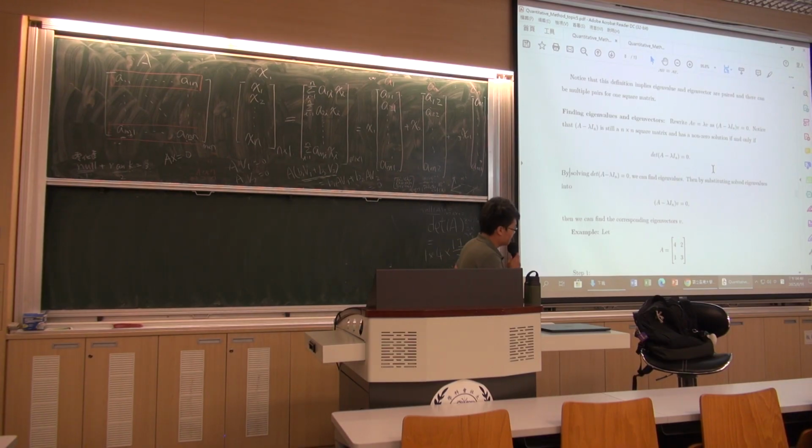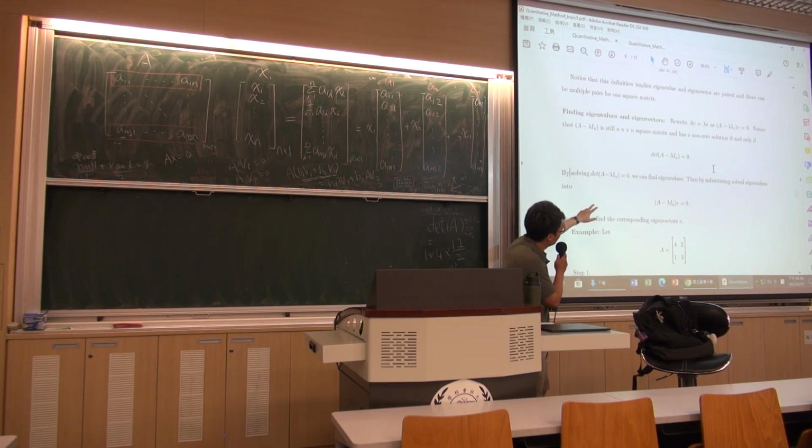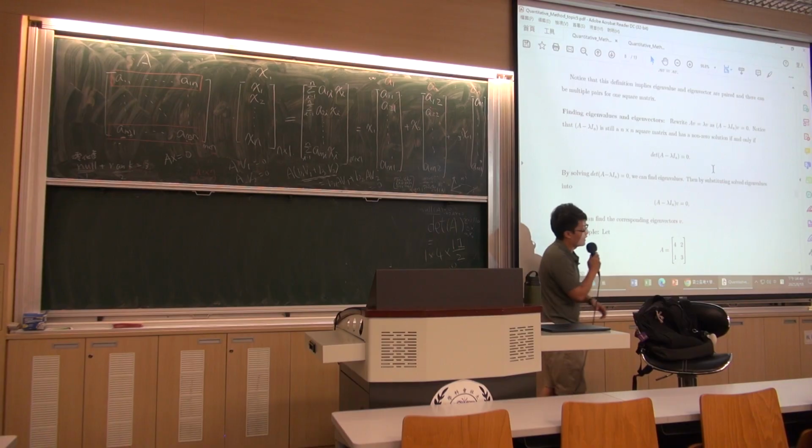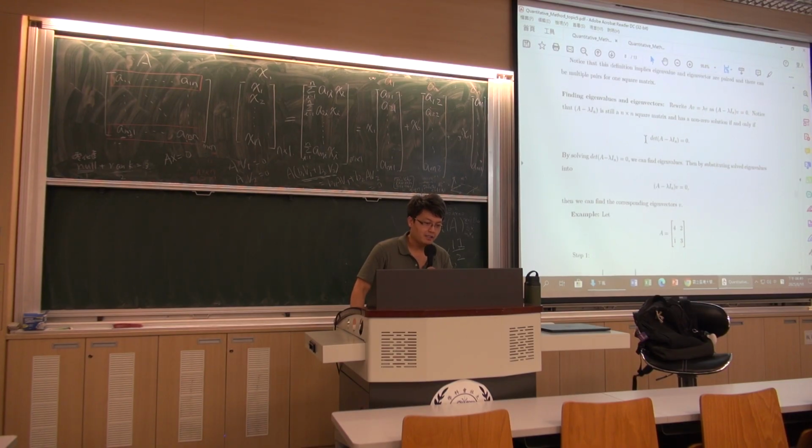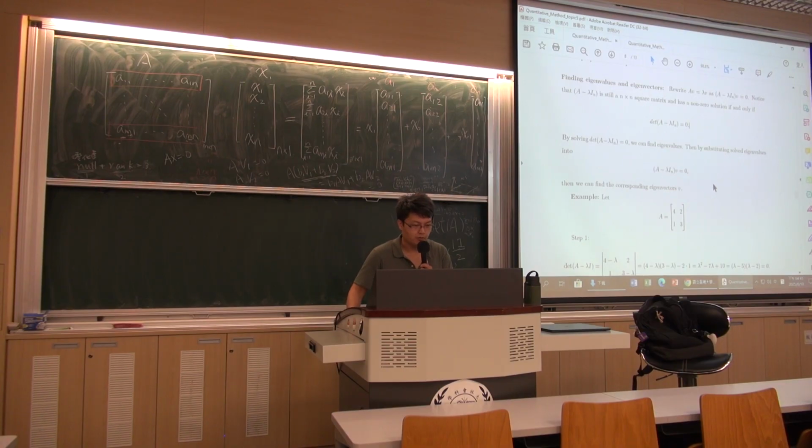It equals 0 because the linear combinations of all the column vectors of this matrix A minus lambda I_n are linearly dependent, and that leads to the determinant equaling 0. That is the idea. So by using these conditions, we can get lambda, which is the eigenvalue, and the corresponding eigenvectors v here.